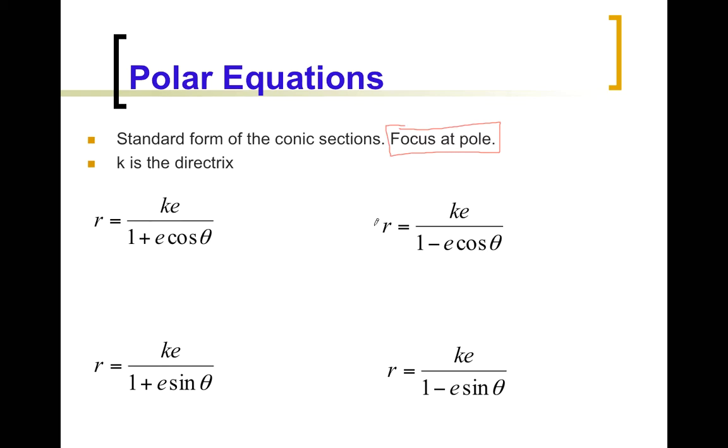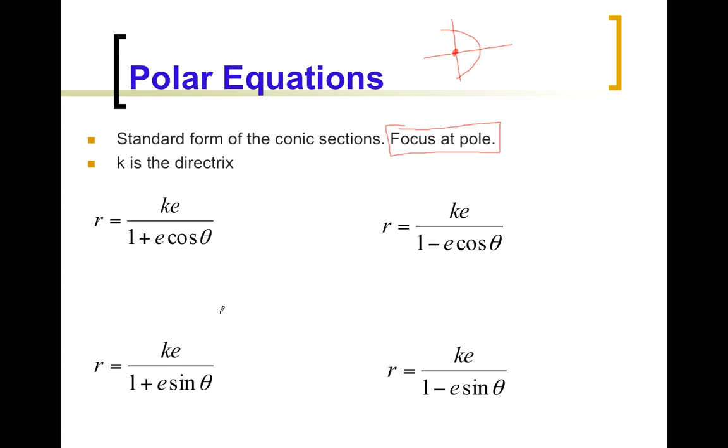For all of the other ones, there is one of the foci at the pole or at the origin, which means if I was to give you a graph like this and there's your pole, all of our graphs are going to go around in every way. And you notice that there are actually 4 different ways. We can go to the right, up, left, and down. So we get 4 different equations.